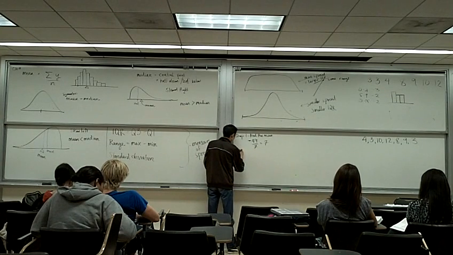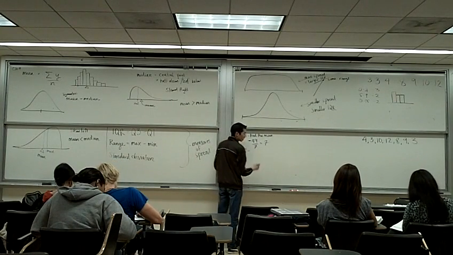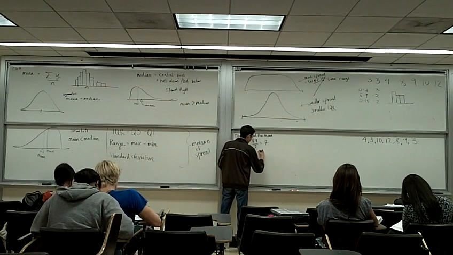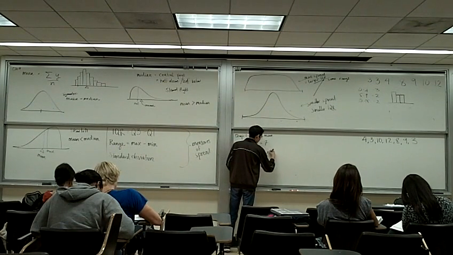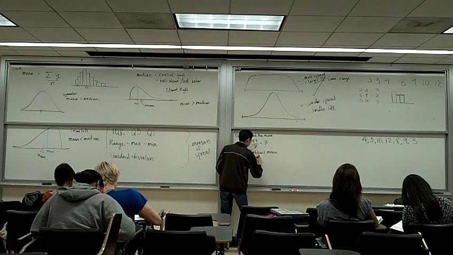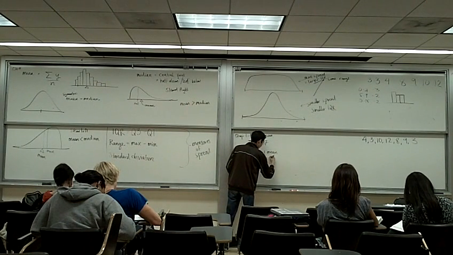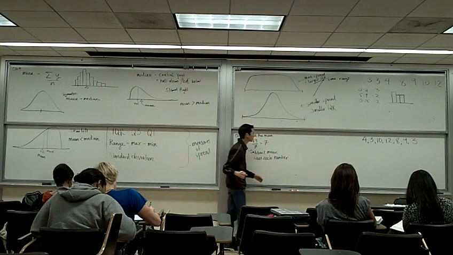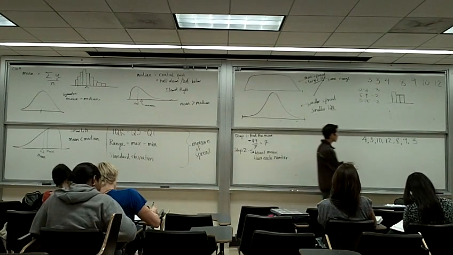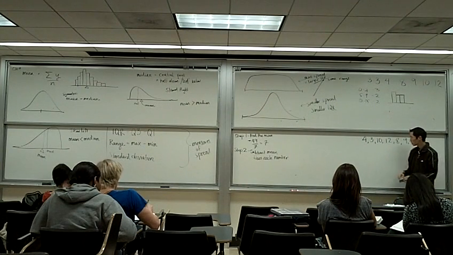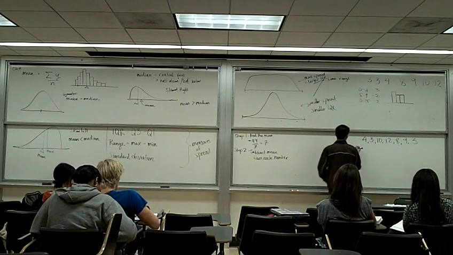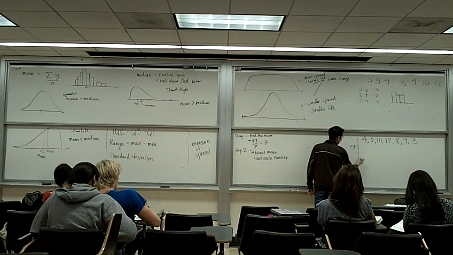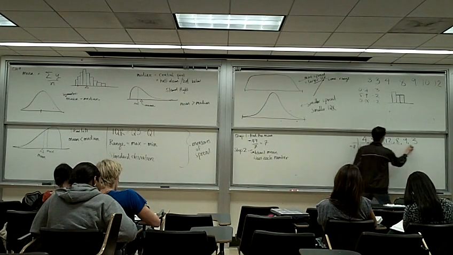Step 2: subtract the mean from all numbers. I'm going to subtract 7 from each of these numbers, so I'm going to do minus 7 and apply that to all of these numbers.